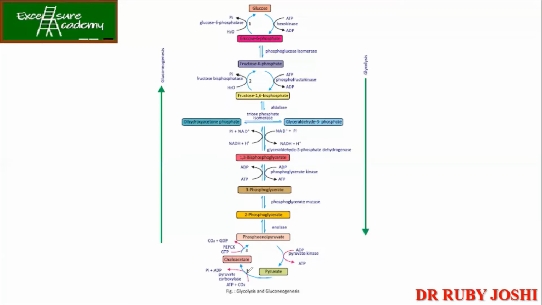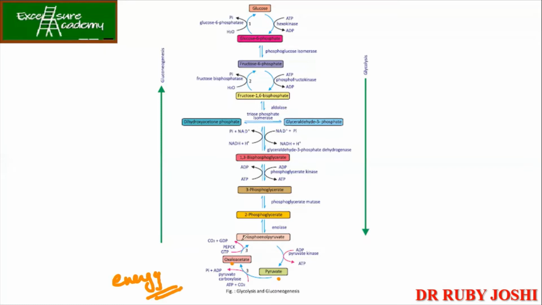Ma'am, phosphate ion is released. ATP is broken down into ADP and phosphate, ma'am. Yes, but it is not being transferred to the oxaloacetate, right? But the ATP has been used. So what does it mean? It means the conversion of pyruvate to oxaloacetate is a high energy consuming step. Even though the phosphate is not being transferred, to carry this out a high energy was required.